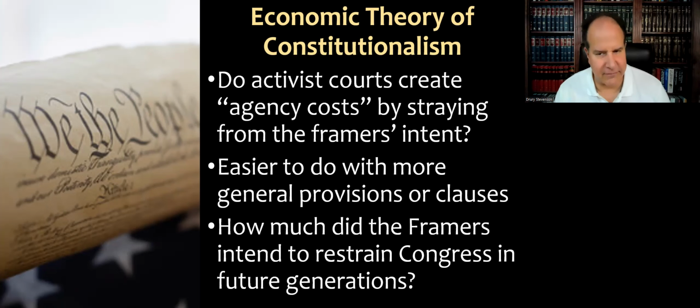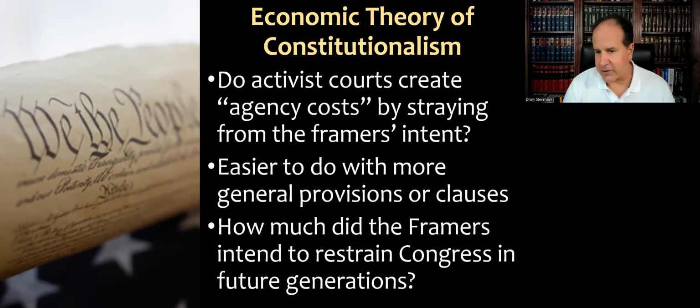When we talk about straying from the framers' intent, though, we also have to answer the question of how much the framers intended to restrain Congress in future generations. I can tell you from reading the debates in the first Congress, among the people debating the Bill of Rights, that members of the first Congress disagreed among themselves about how much freedom courts in future generations should have to reinterpret the Constitution or add new rights.